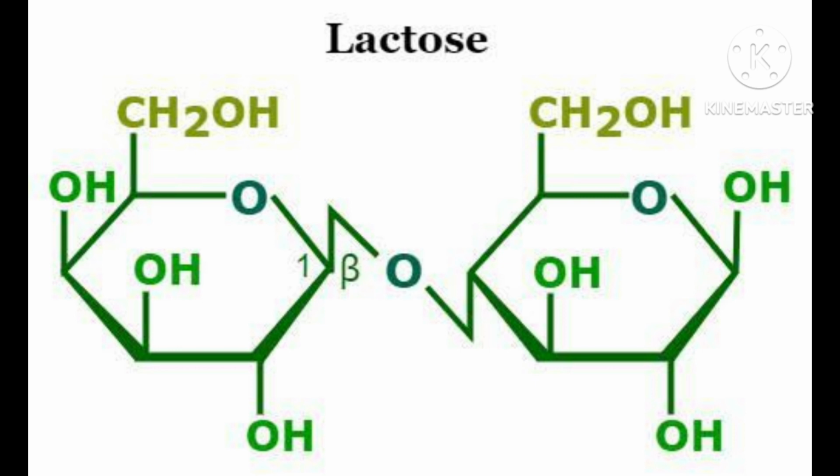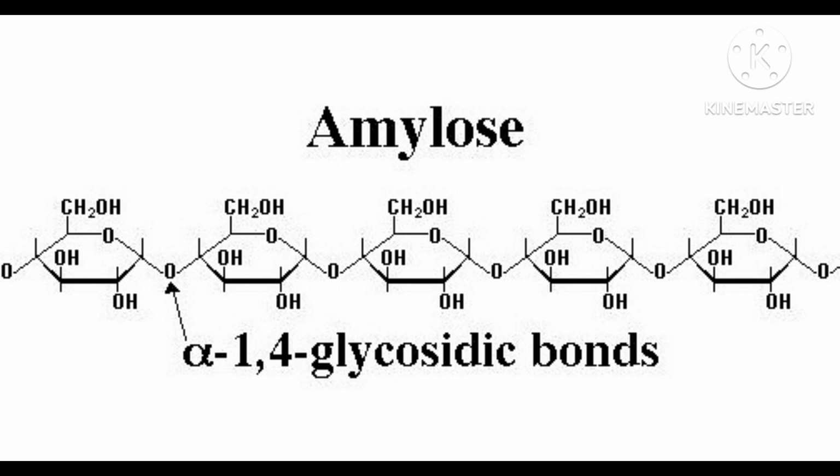Carbon number 1 and carbon number 2 are joining through O in sucrose. But here in maltose, carbon number 1 and carbon number 4 of two units of alpha D glucose, the same unit, are joining, but through carbon 1 and carbon 4. This is the difference. This is the structure of maltose.